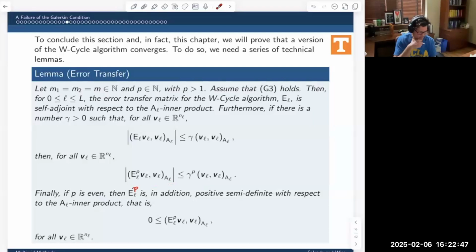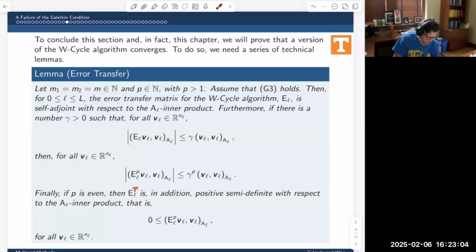This is something I mentioned last time. The way you can prove this is to use a Fourier analysis or a spectral analysis, because we know this is a self-adjoint operator as long as we have a symmetric scheme.